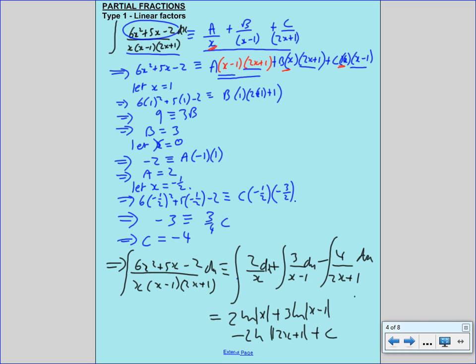You're not going to know how I did that yet, but do you see I could very, very quickly integrate this, whereas integrating this by itself would be an absolute nightmare. Okay?